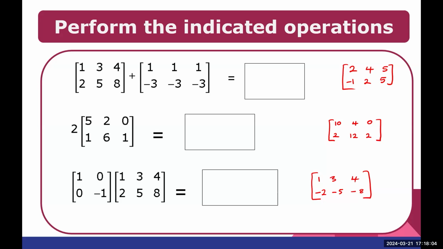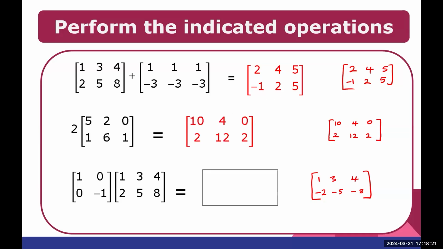So the first one, the response that we got was 2, 4, 5, negative 1, 2, 5, and it corresponds with what we have here. So very good, Gabriel. The second one, 10, 4, 0, 2, 12, 2 corresponds as well. So those two are correct. Now, let's see what the last one is. And that one as well is correct. So this indicates that you have prior understanding of operations involving matrices. So we don't need to spend much time to recap the various operations.